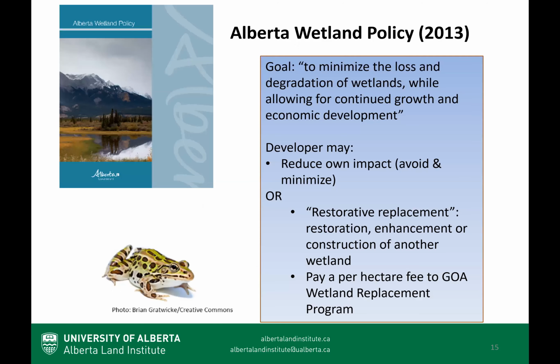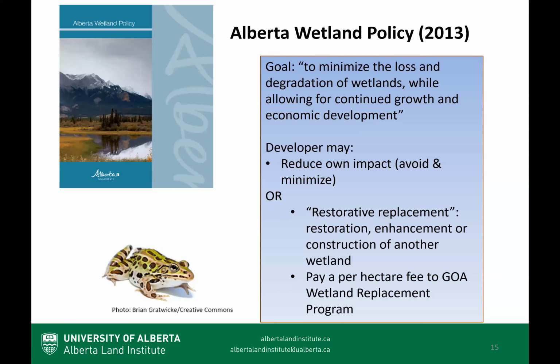The major policy in Alberta that employs offsetting that currently exists is the Alberta Wetland Policy. I won't dwell on this too much in the name of time, but it requires that any developer that disturbs or destroys a wetland either provide what's called restorative replacement, which is to say that the developer undertakes its own offset project to construct, enhance or restore another wetland, or pay a fee into the government.